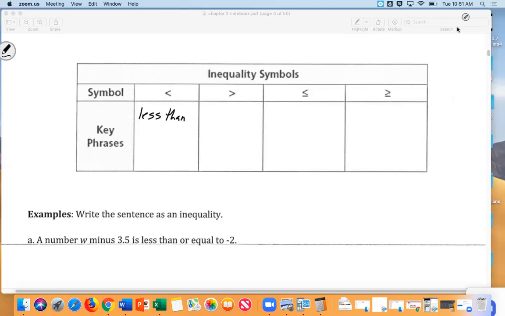So we have less than. Then another one that we can say for less than is fewer than. And these are our big ones. For this symbol in the middle, this one is greater than. And we have more than.